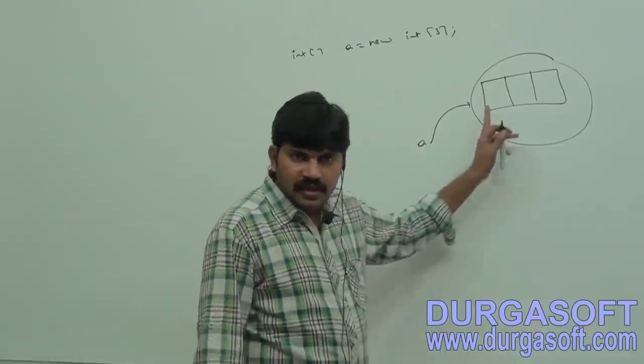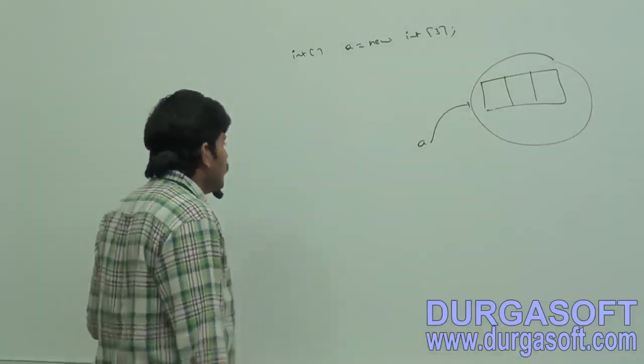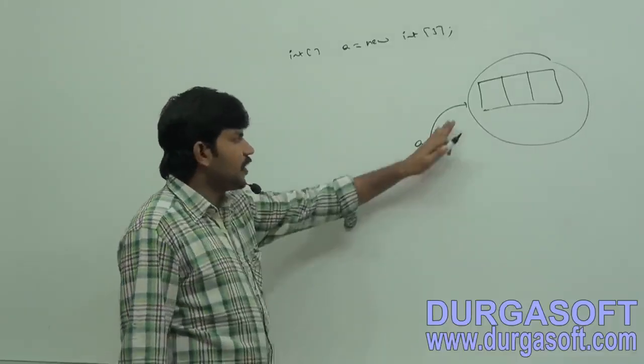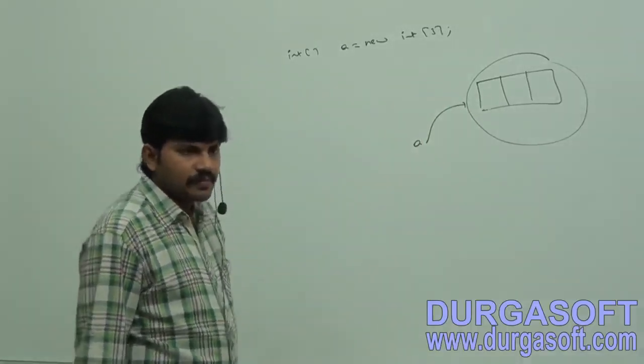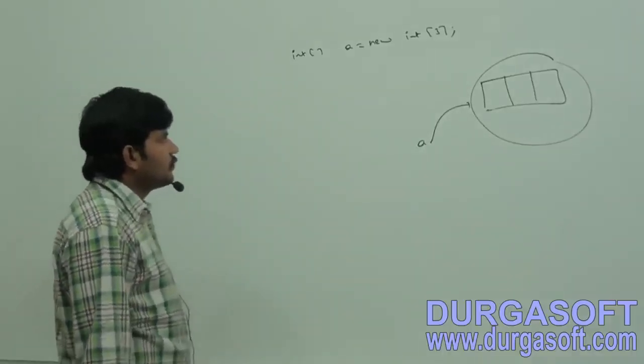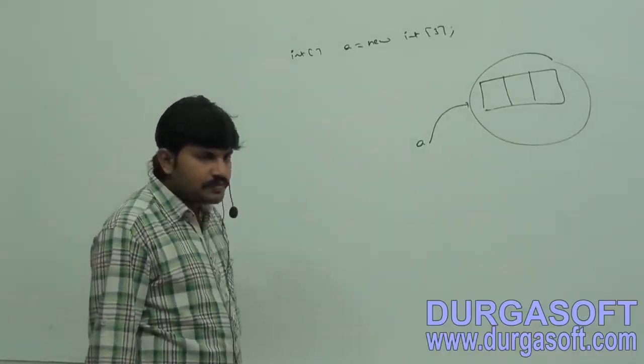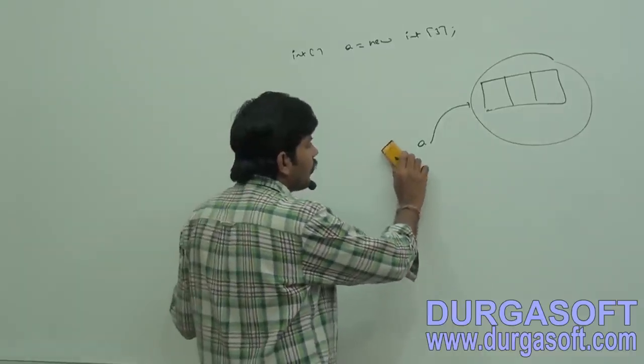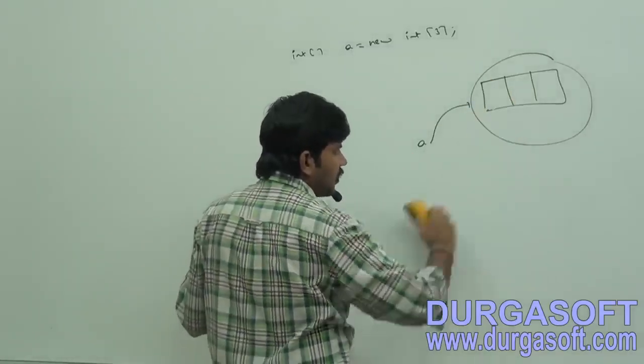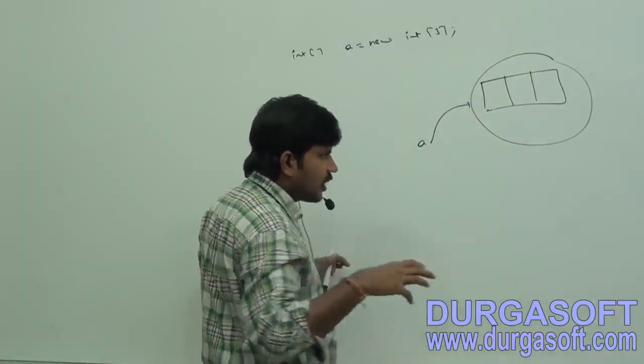I hope that is clear, right? Now A is a reference variable for that. Make sure: int[] A = new int[3], like this. Next, you have to take this diagram also, so that you should feel it is an object.